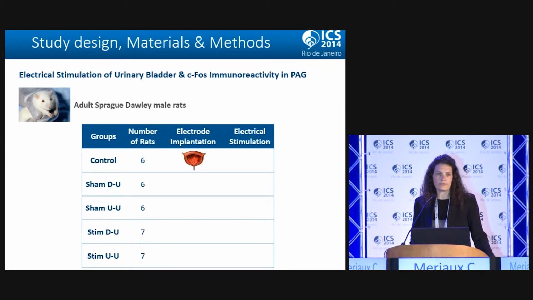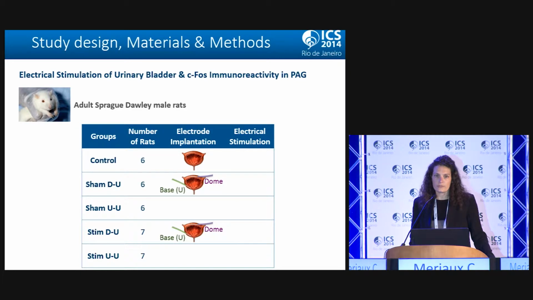The control group first did not undergo any surgical procedure. And for the 4 other groups, a bipolar stimulation electrode was implanted in the bladder wall. There were 2 types of implantation.